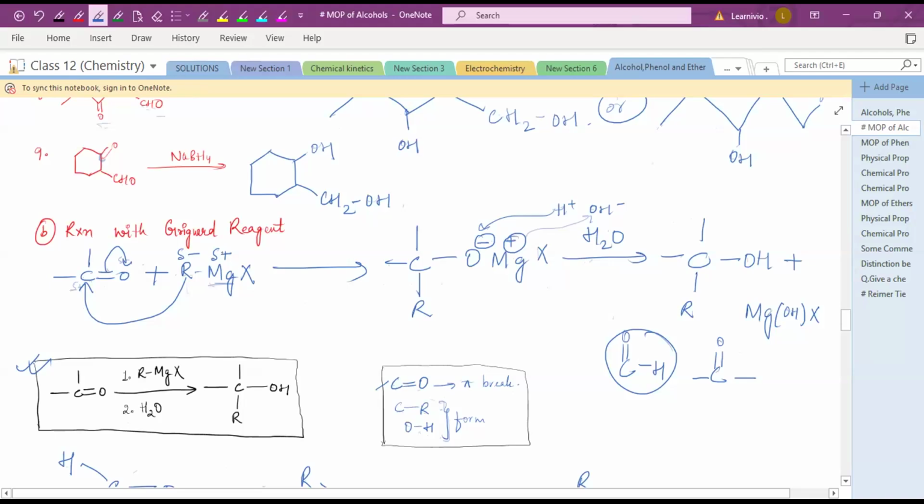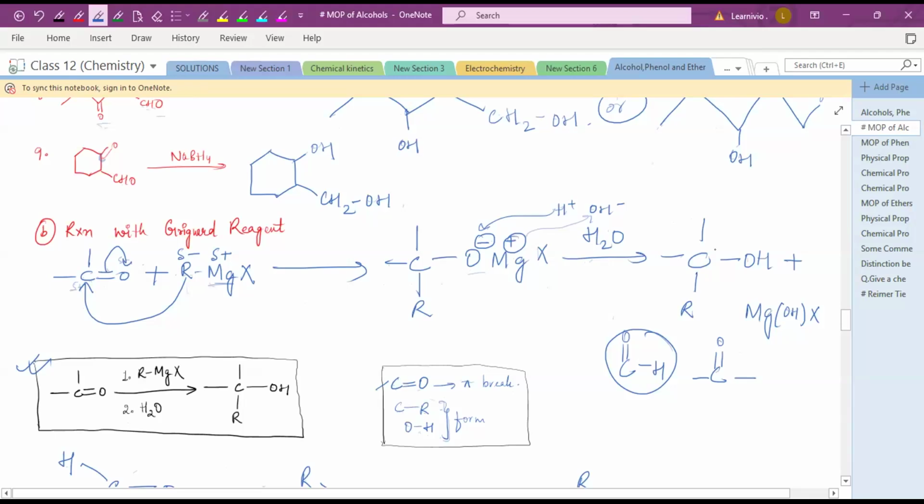So this MgX, which has a partial positive charge, gets attached to this one. You know very well unlike charges attract each other. This oxygen has a negative charge and magnesium has a positive charge, so it gets attached to this oxygen.